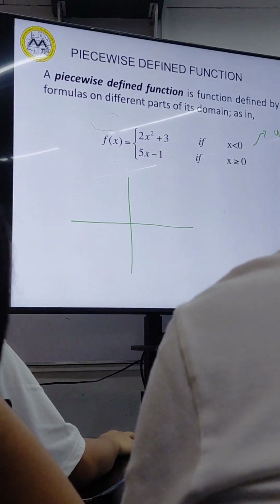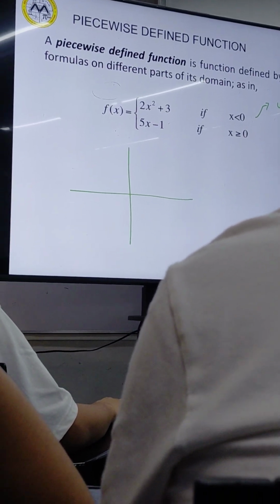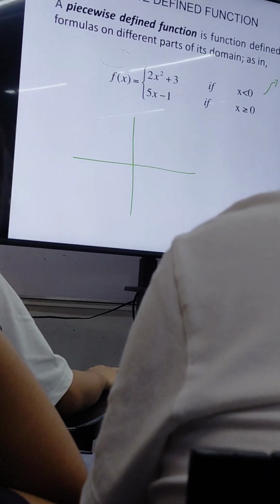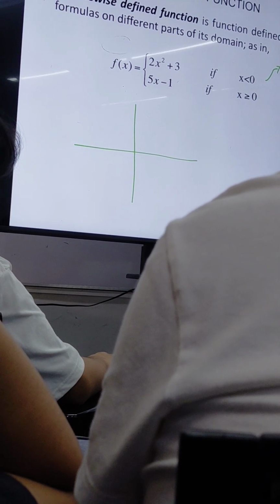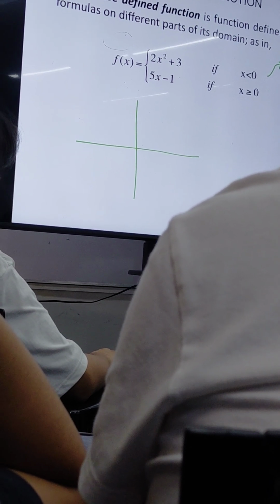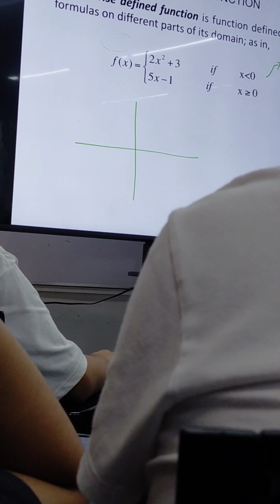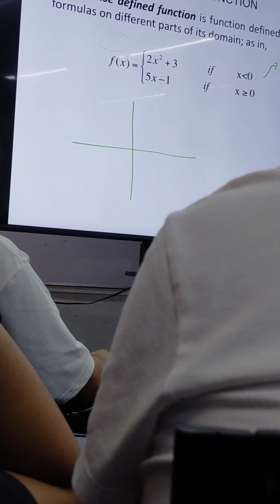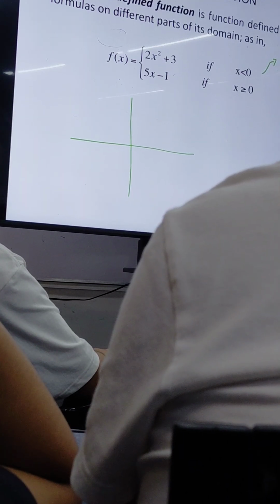So how do you plot? Gawa muna tayo ng x equals 0. So, ang boundary natin, x equals 0. Dito. Now, so this equation at x is less than 0 is y equals 2x squared plus 3. So, linearing y, the parabola, so this is a parabola.